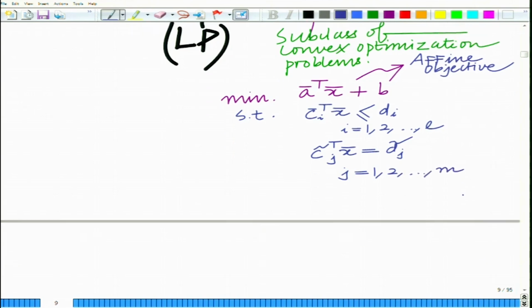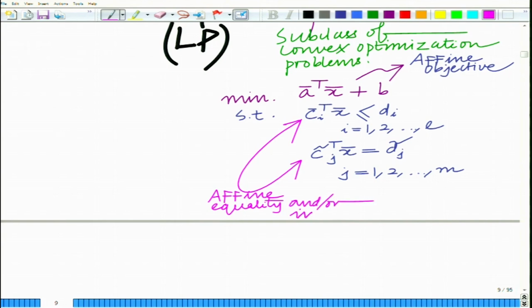So, basically the constraints, the equality as well as the inequality constraints, are all affine. So, basically a linear objective.